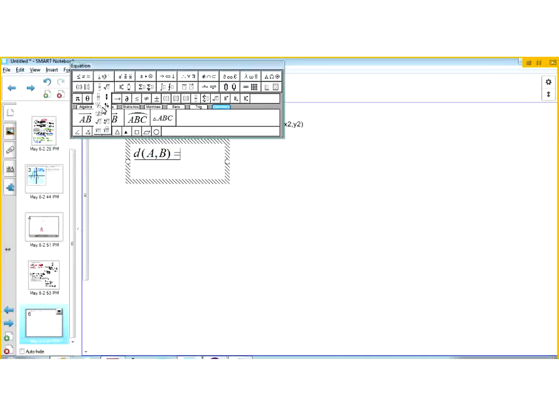d is equal to the square root of (x sub 1 minus x sub 2) squared plus (y sub 1 minus y sub 2) squared.